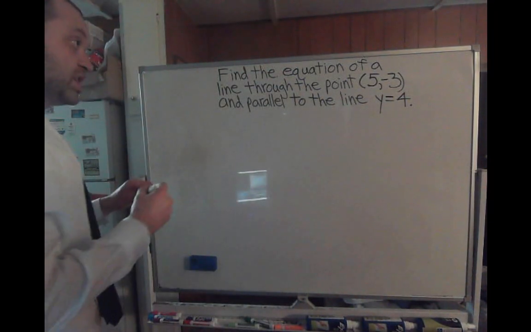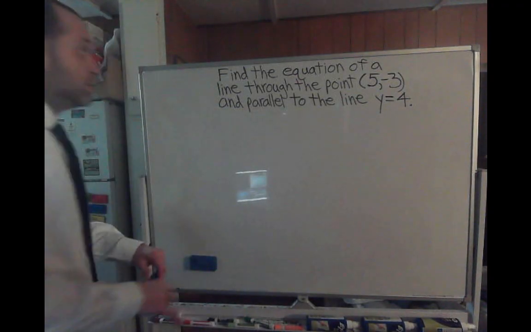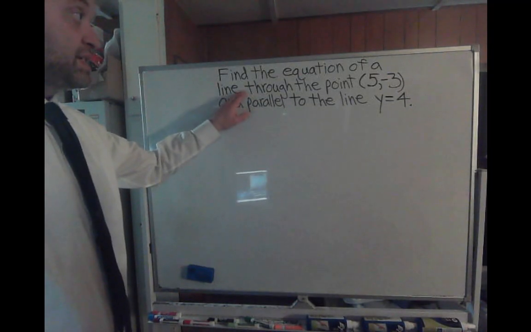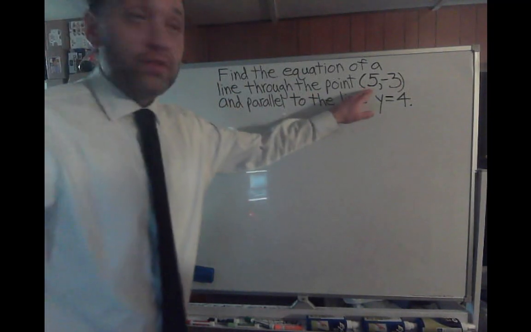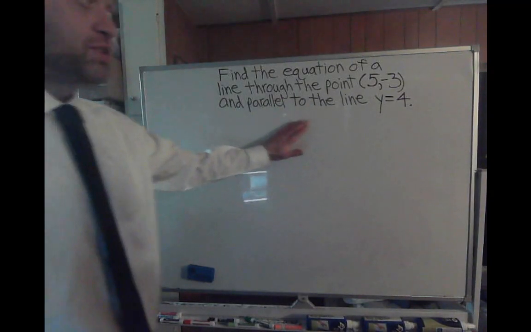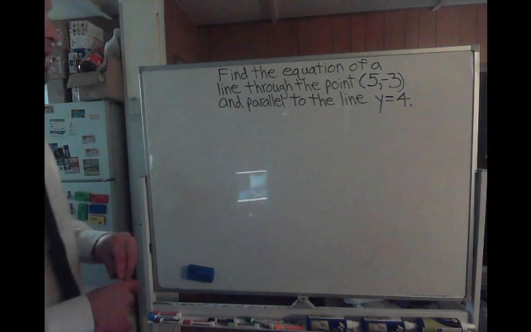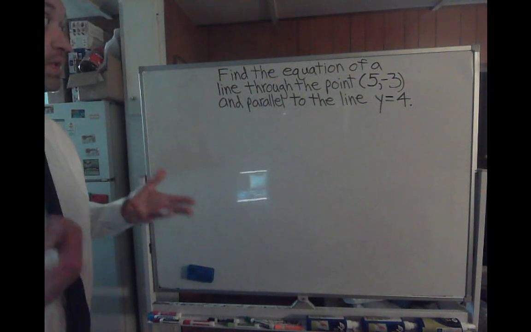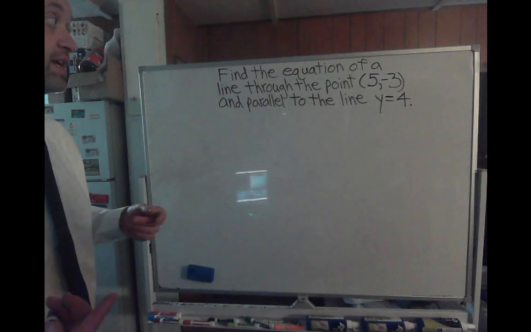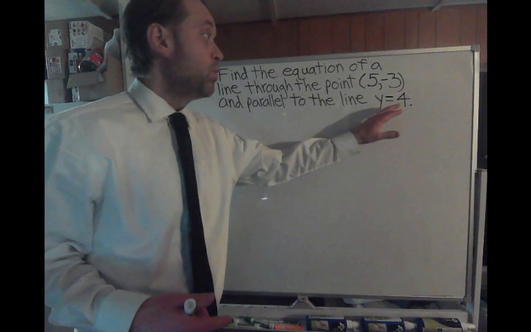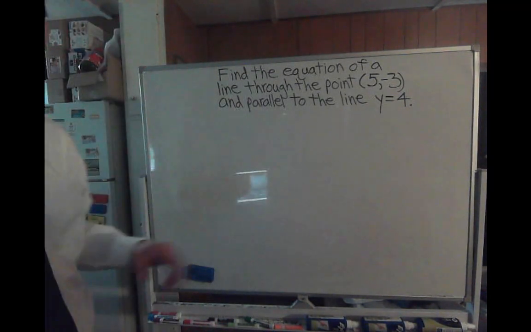All right, we're going to switch it up a bit again here. We want to find the equation of a line passing through the point (5, -3) again, and parallel to the line y equals 4. So we know the line passes through the point (5, -3) and is parallel to the line y equals 4.